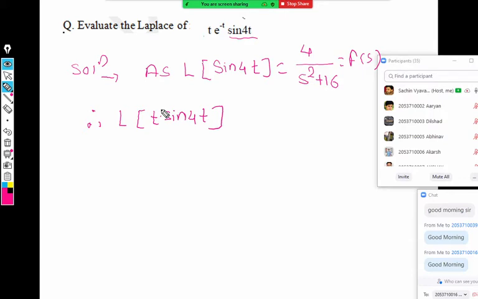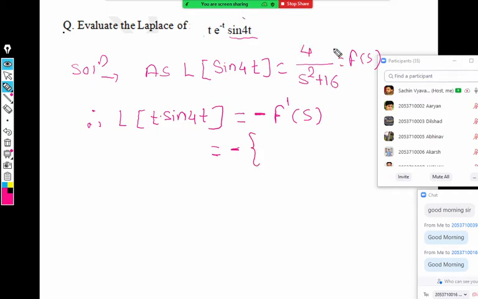What is the formula of the multiplication by t property? It says minus F dash s, minus the derivative of that F(s). So the minus sign is also important. I am telling this because many students forget to give this minus sign in the exam. So don't forget that minus sign. Keep minus as it is outside, and now we want the derivative of this.